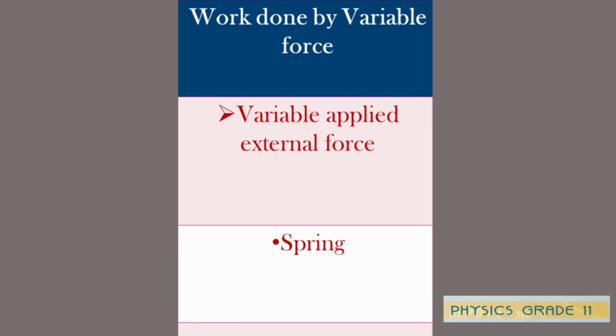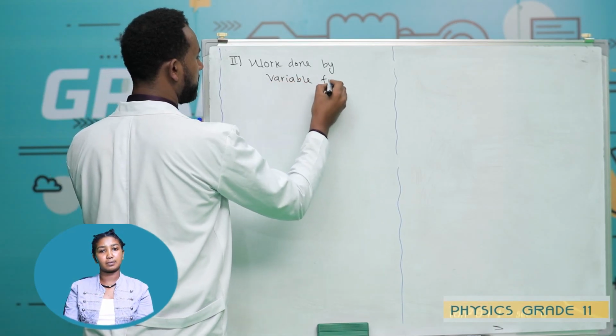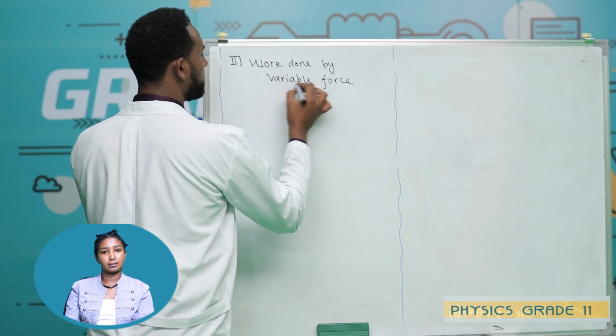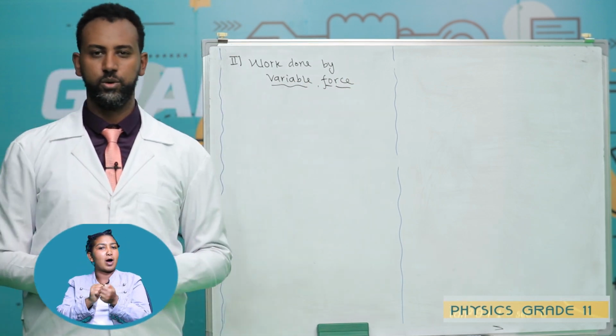A force might vary with displacement, space and time. We can express it like that. Work done by variable force. First, we should see what is meant by variable force.